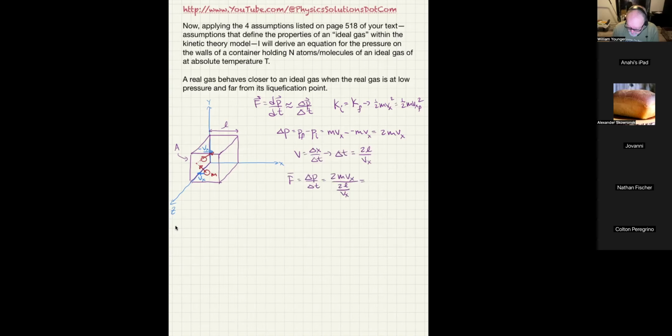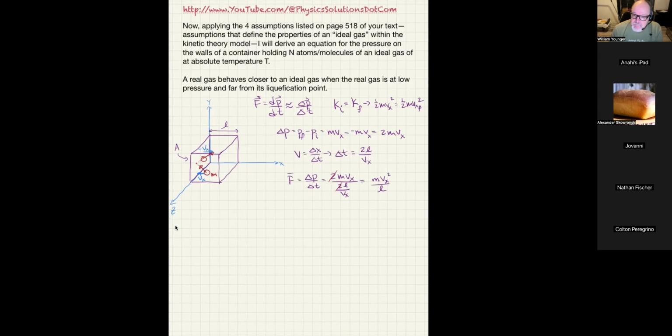So I'm flipping over the 2L over Vx, and you can see immediately that the 2's are going to cancel out, but we're ultimately going to get m Vx squared over L. Okay, so that's the force that one molecule is going to put on the wall on average during a time delta t.